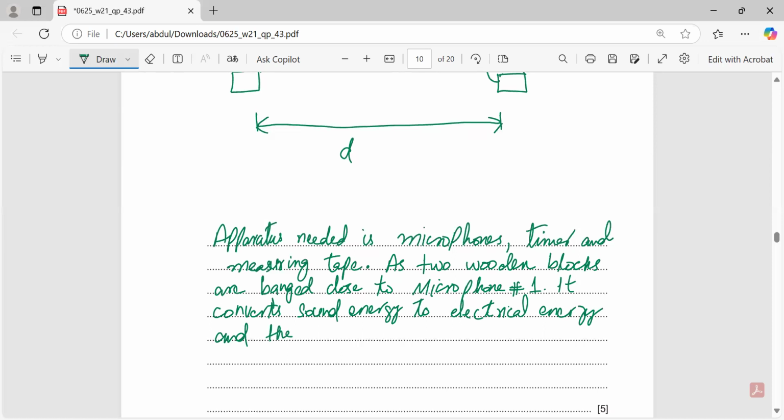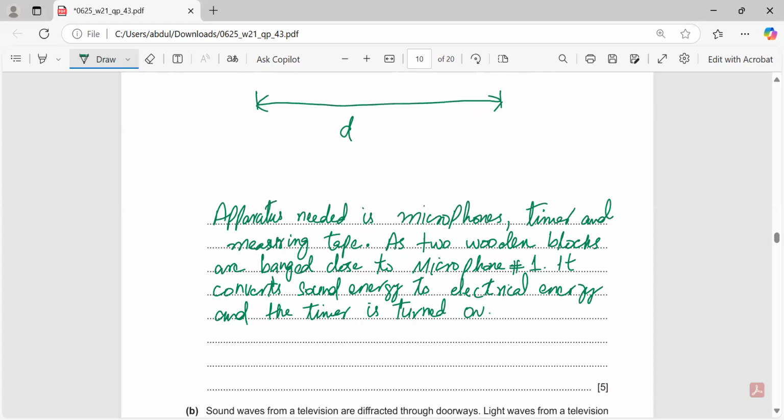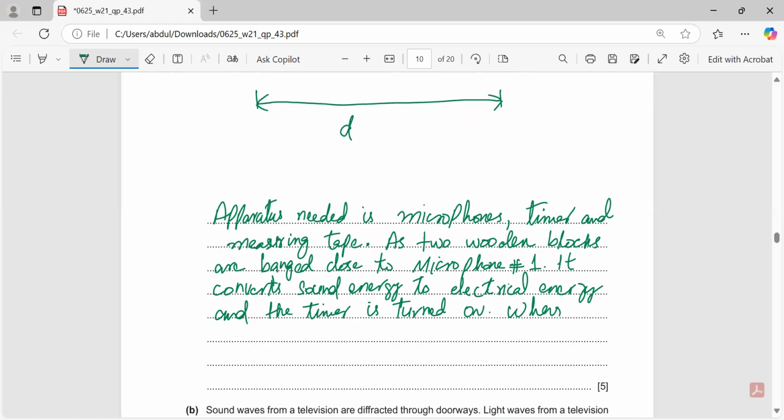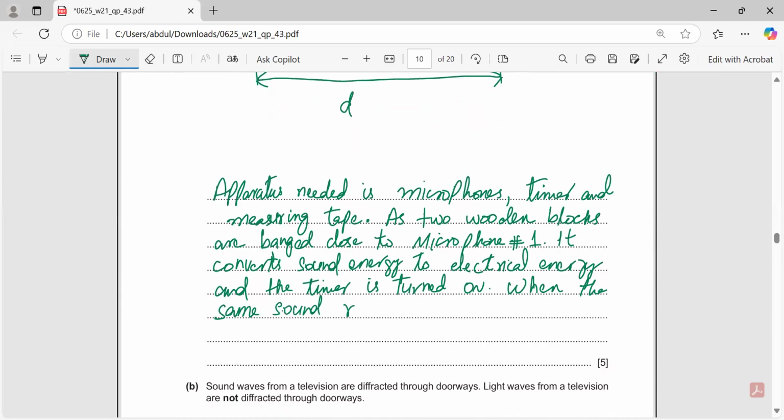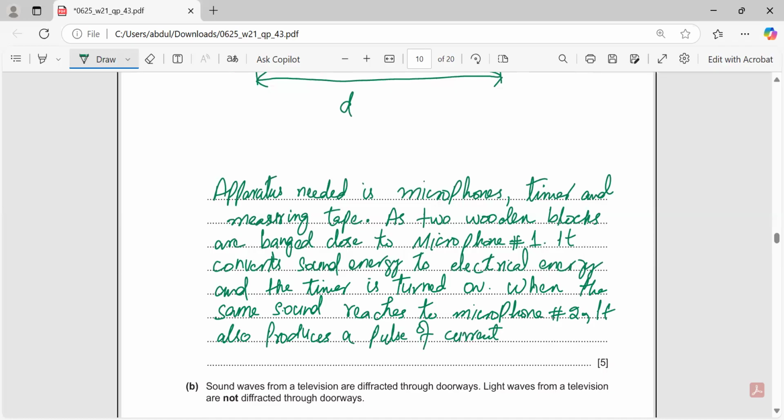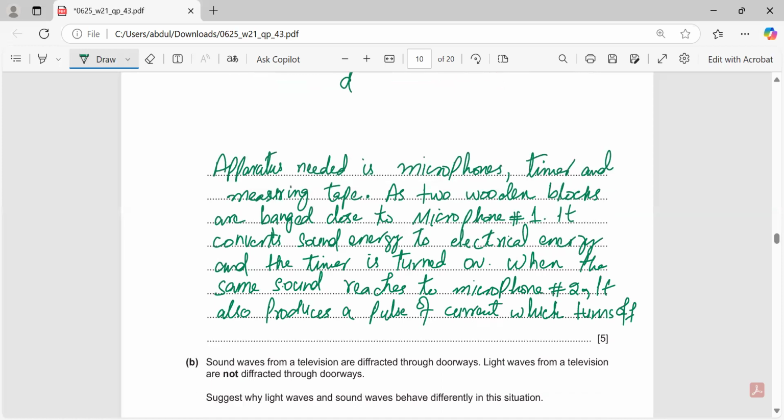And the timer is turned on when the same sound reaches microphone number two, it also produces a pulse of current which turns off the stopwatch.